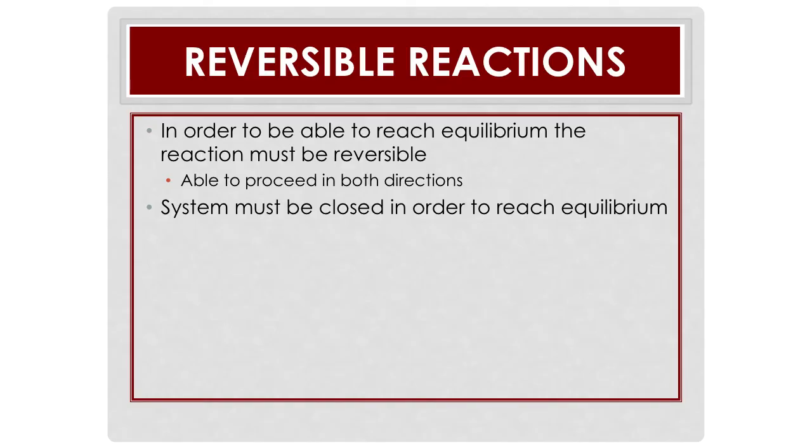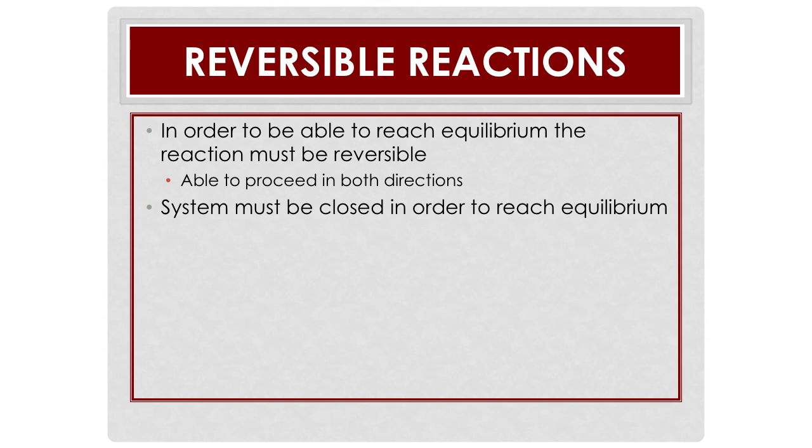Our last note about equilibrium is that in order for a reaction to be able to reach equilibrium, we must have a process that is reversible. So if you have a reaction that is not able to proceed in the reverse direction, then that process can obviously not reach equilibrium. So it's got to be able to proceed in both directions.